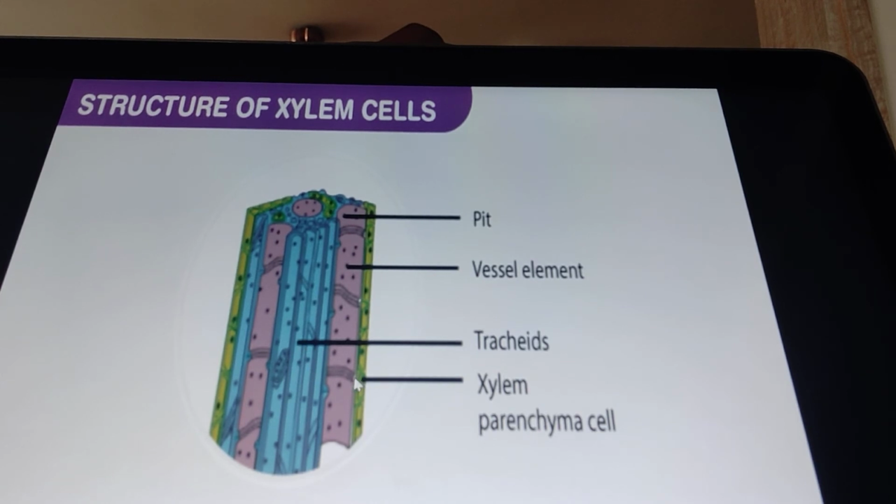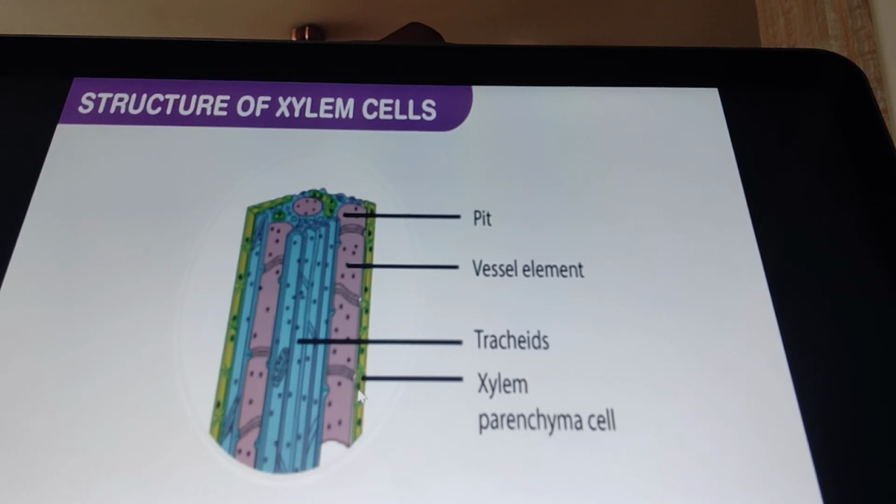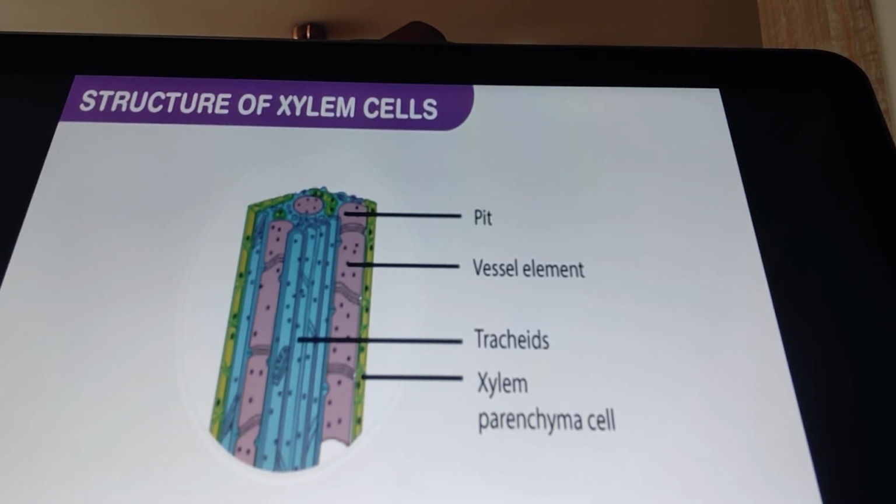This is a xylem parenchyma, which stores food in the form of starch and fatty acids. So these are the three cells. Here you can see pits at the top.